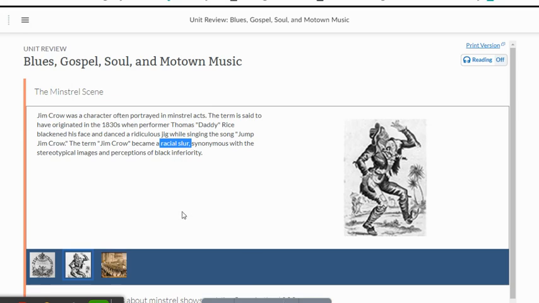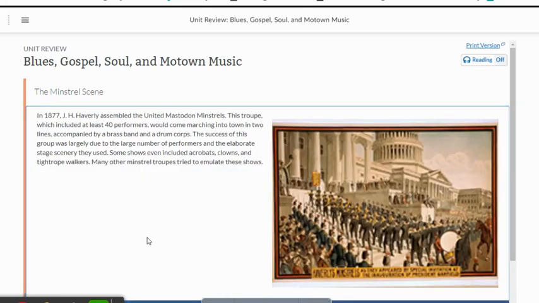Okay, so at the time it was accepted as the way to spread blues music around. White artists were dressing up in blackface. We know now that that's just not appropriate, but there was a lot of racism going on at that time. So this is right after the Civil War. So we've got here in the 1870s talking about the minstrel groups.